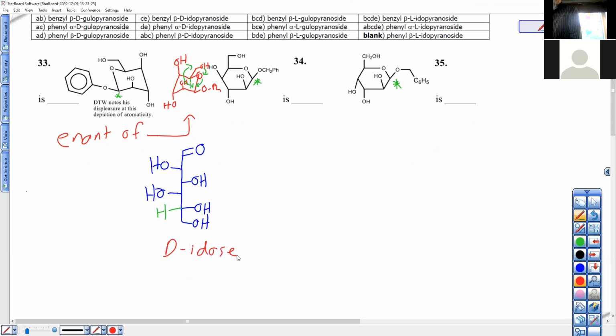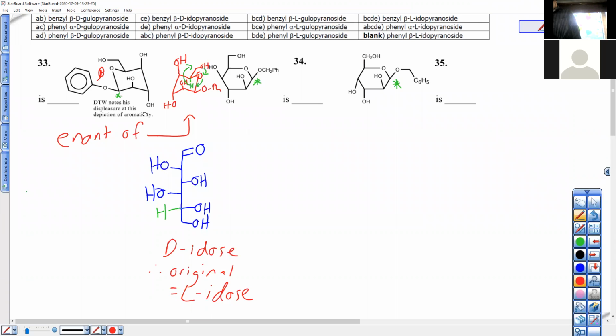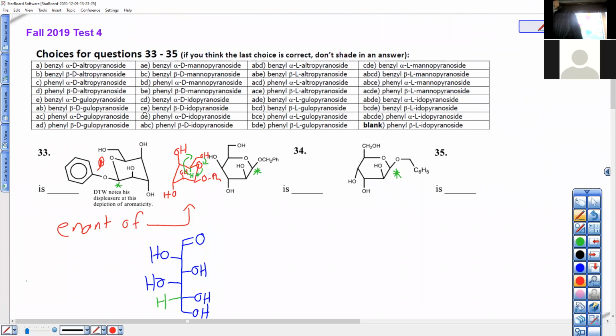So the original is L. And on the original, up and up, it's beta. This is definitely up, and CH2OH is up. That's beta. So I need beta, ido, and they're all pyranosides. That's not going to help you. It's phenyl, beta D ido pyranoside.